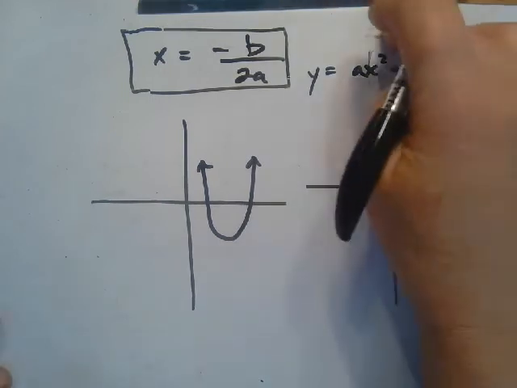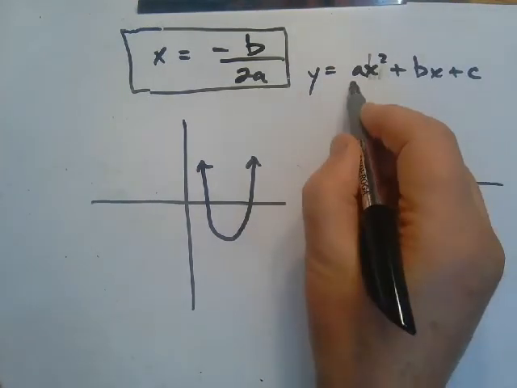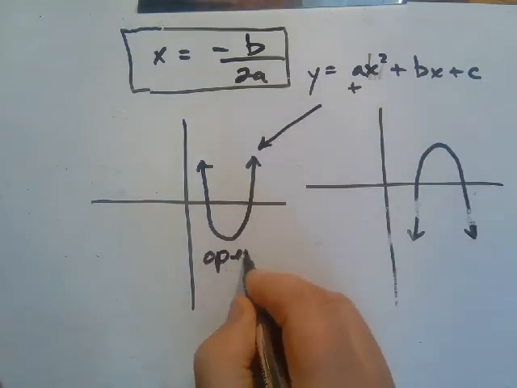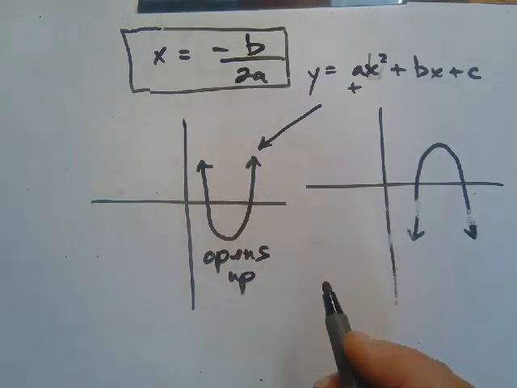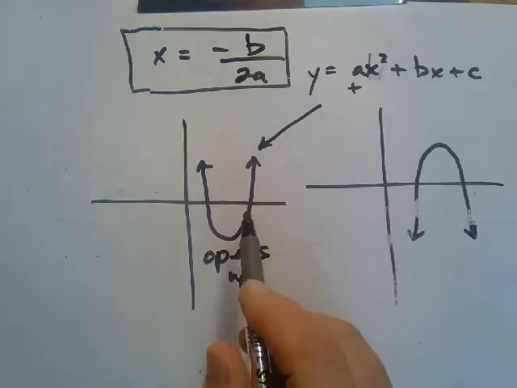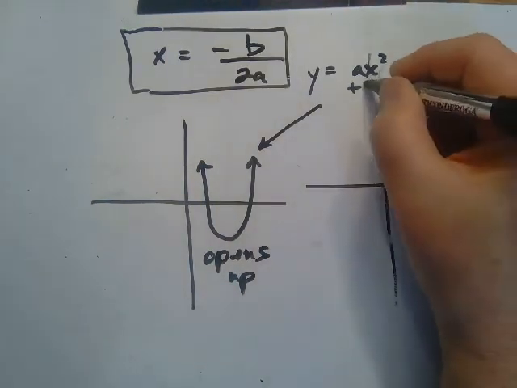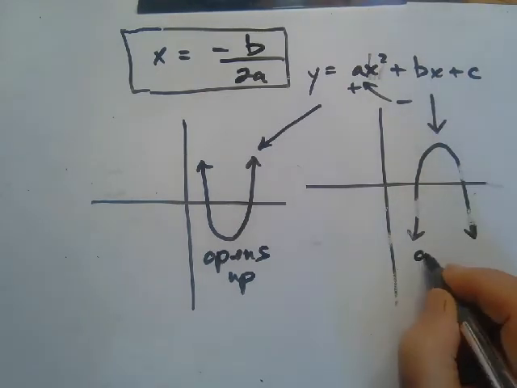There's your basic equation. Now, if the a value up in the front is positive, you're going to get a graph that opens up. It's just like the normal way in which we see it. So if it's positive, it will open up. And if that a value is negative, it will open down.